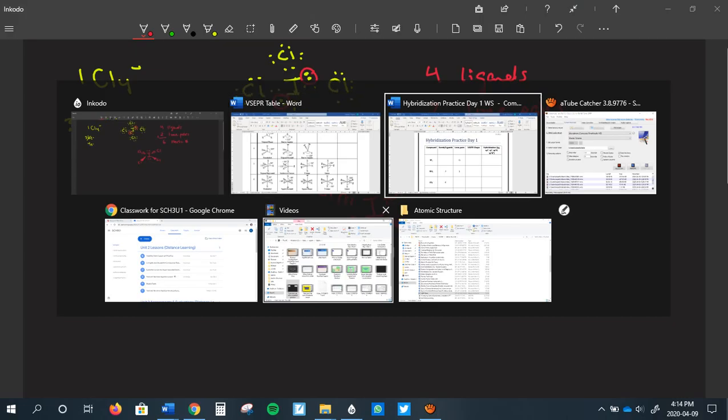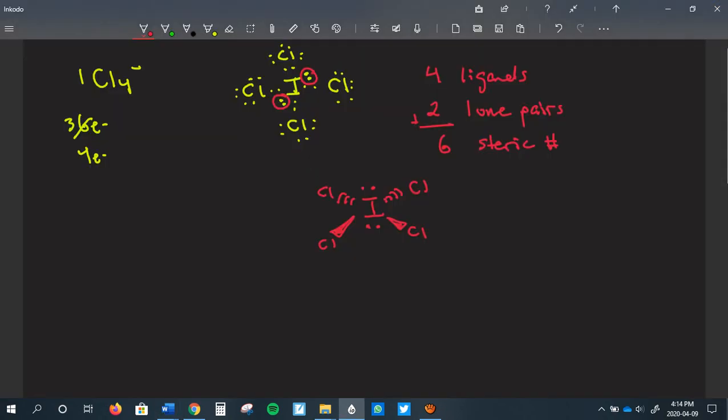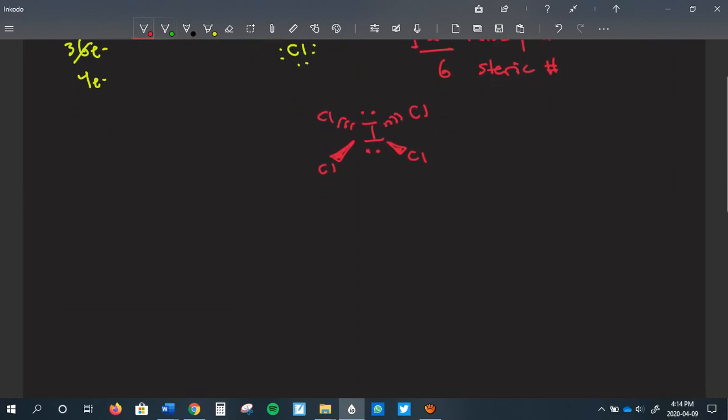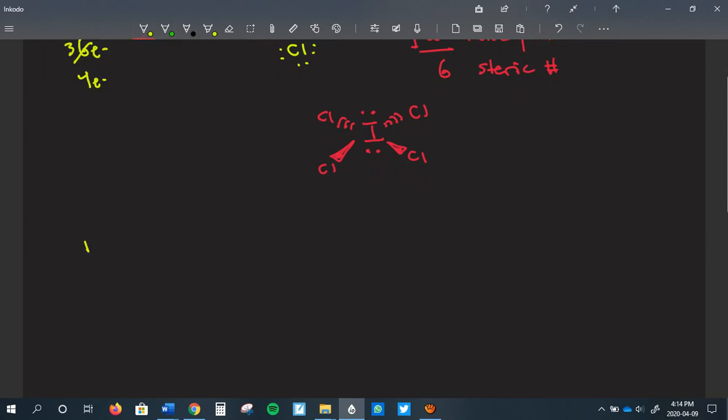So the next part, we know the number of lone pairs, 2, we know the VSEPR shape is square planar. Now our hybridization. Our central atom is iodine. So iodine is in the 3rd row. And its ground state orbital diagram, only valence electrons if you recall, will look like this.